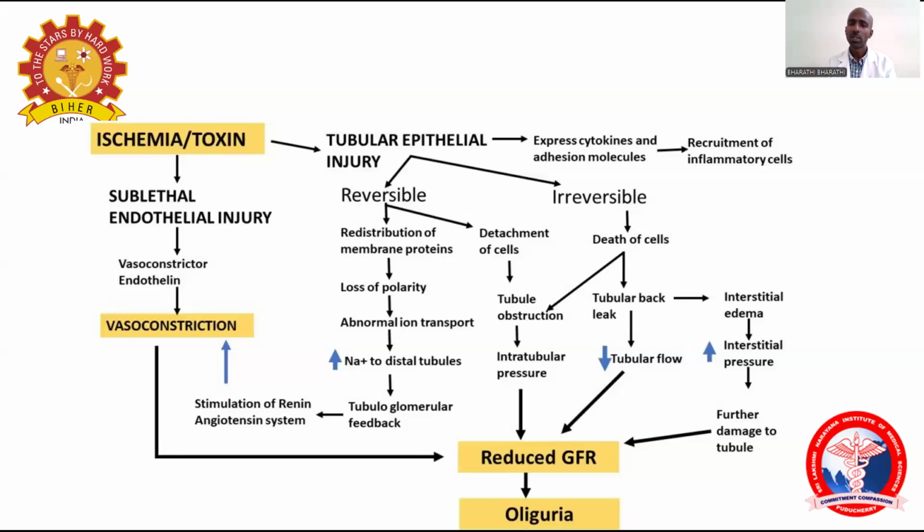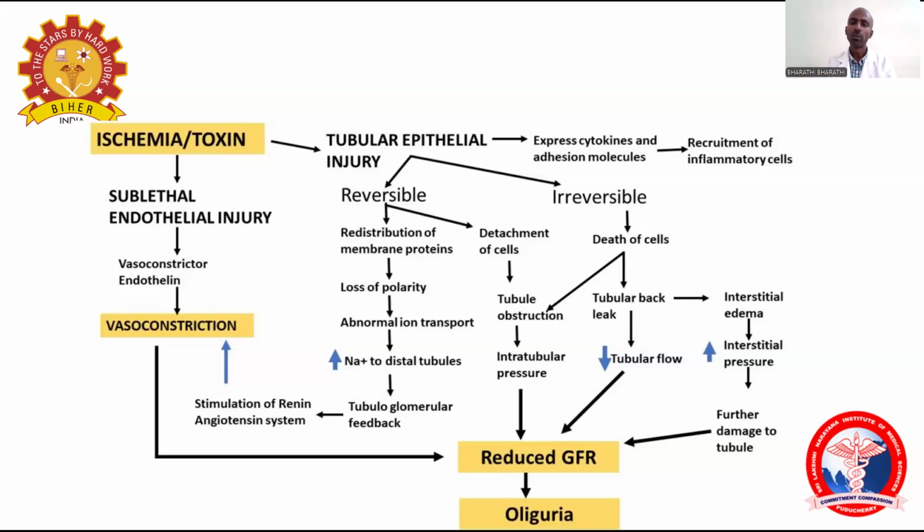Sometimes this death of cells will cause backleak. Once there is a backleak, there will be a decrease in the blood flow as well as an increase in interstitial edema. Backleak causes fluid to escape into the interstitium. So there will be interstitial edema and a decrease in the tubular flow.